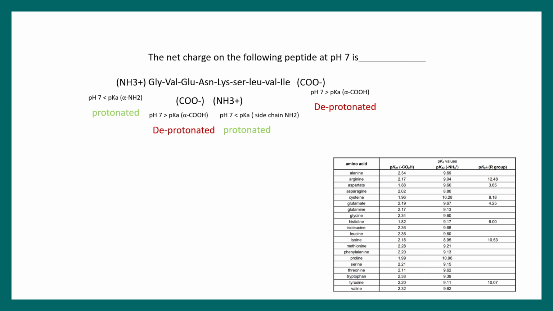So how do you know what is the pKa for these C-terminal COO minus or N-terminal amino groups? This is the list that is provided. Now this list is important, but you don't need to remember it.